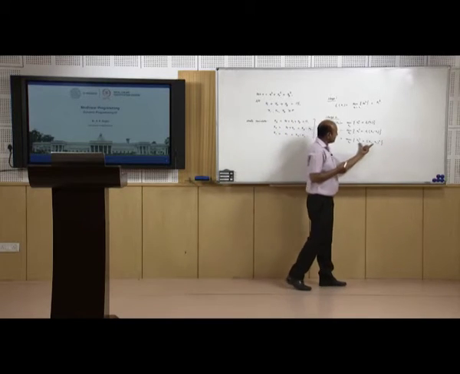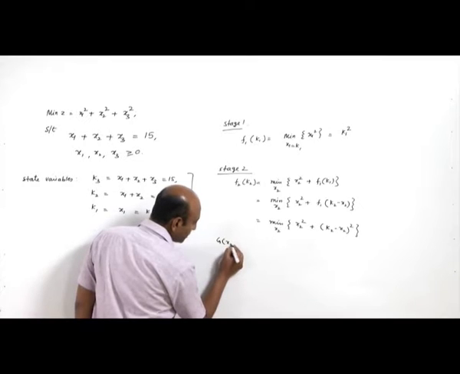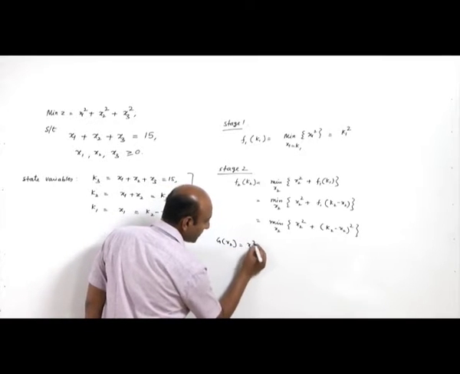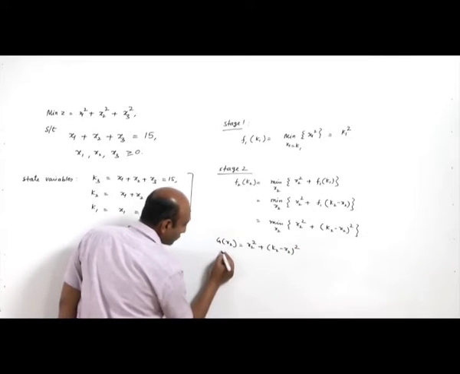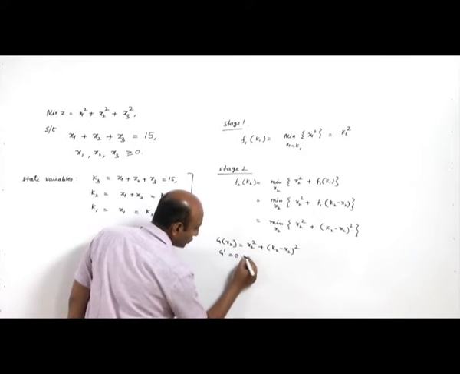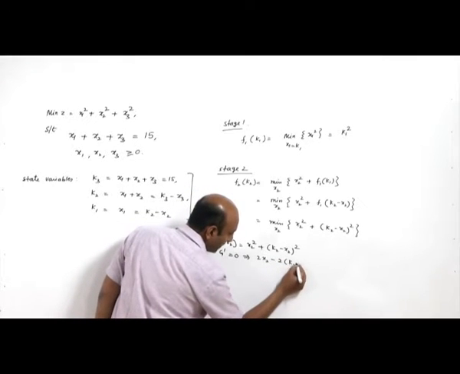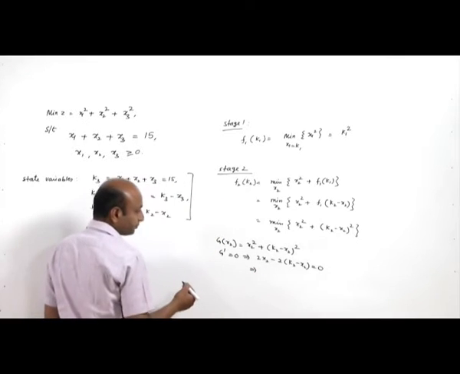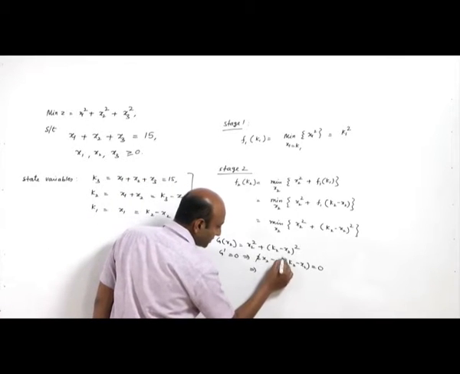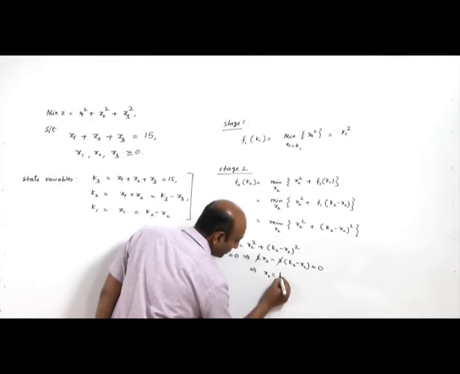Say the function is g of x2, which is x2 square plus k2 minus x2 whole square. Its derivative put equal to 0 gives 2x2 minus 2 times k2 minus x2 equal to 0. The 2 cancels out, so x2 will be k2 by 2.